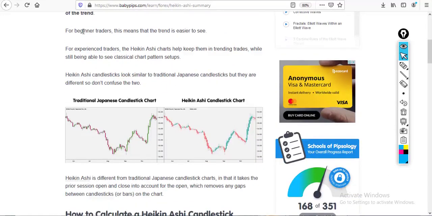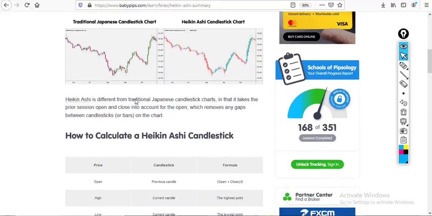For new traders, it makes it easy to see the trend and the direction of the market. Also, the Heikin Ashi is different from the traditional Japanese candlestick chart, because it takes the prior session's open and close into account for the open, which removes any gaps between candlesticks or bars on the chart.